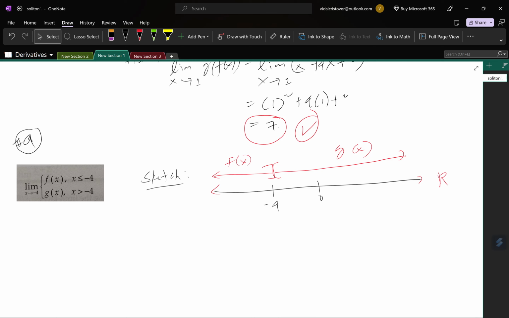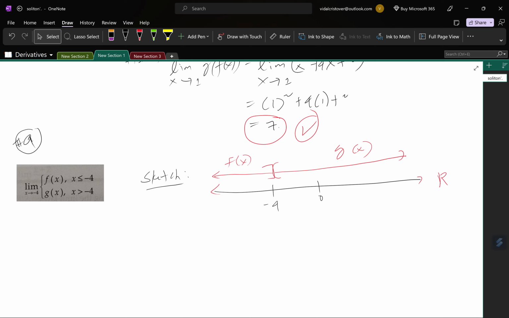In this case, our function is defined into 2 parts, f of x or g of x, depending on which interval x is in. It is divided at negative 4.